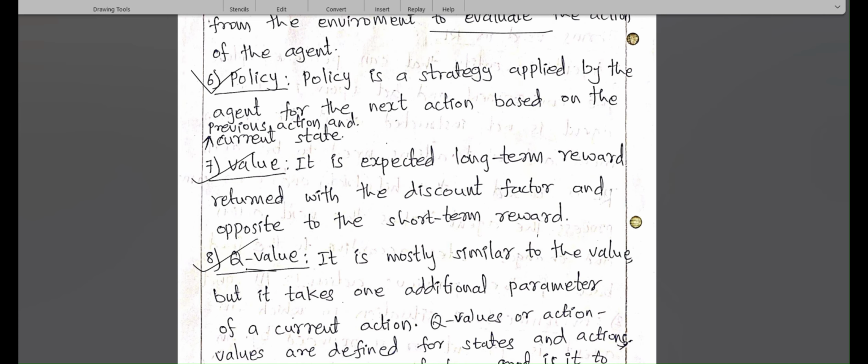It estimates the value of taking a particular action in a specific state. In short, value estimates the expected cumulative reward of being in a state, whereas Q value estimates the expected cumulative reward of taking a specific action in a specific state.